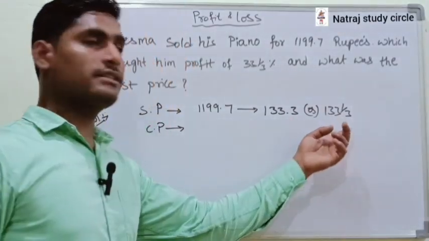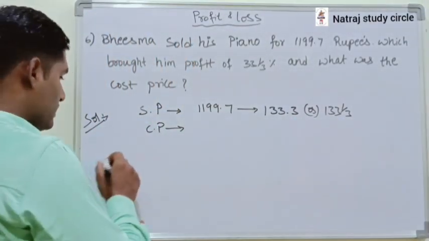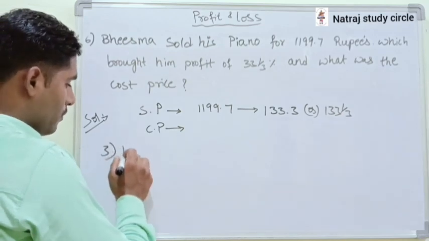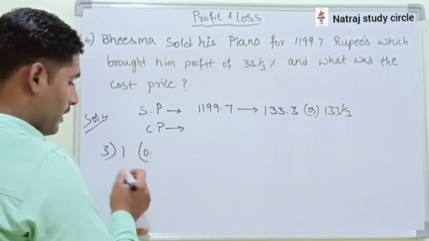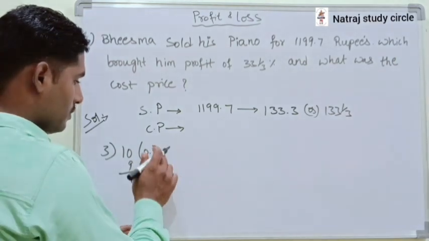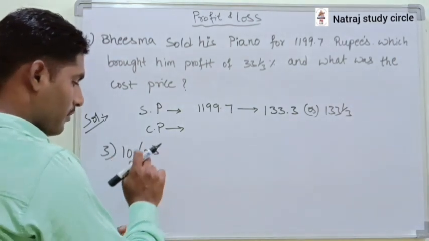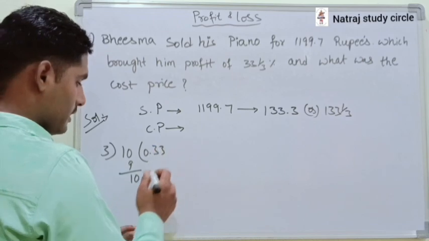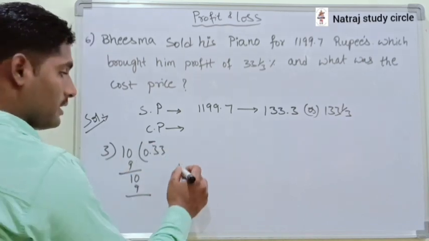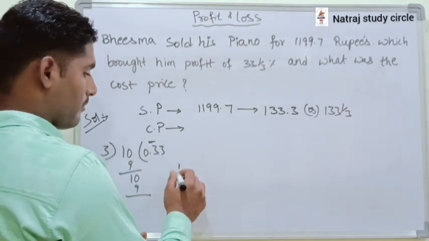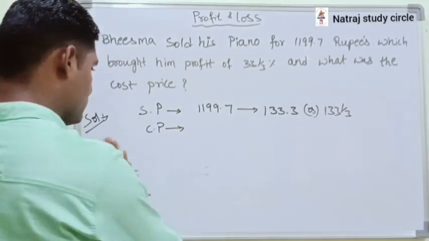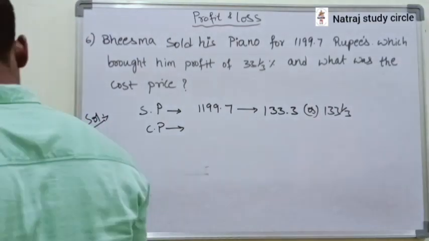How have I taken this as 1/3? So 1/3 is nothing but 1 divided by 3, which is 0.3 infinite. Okay, same as that I have taken it.